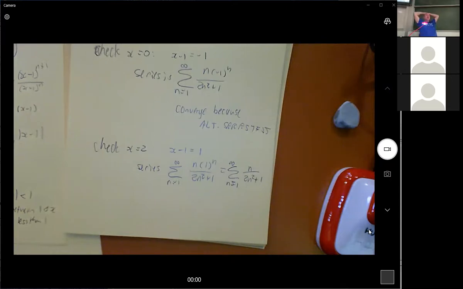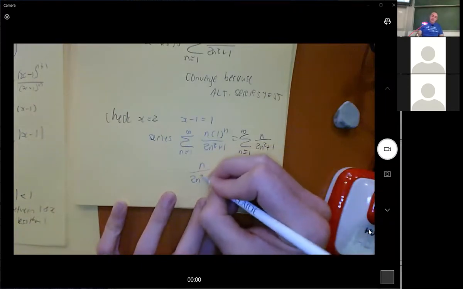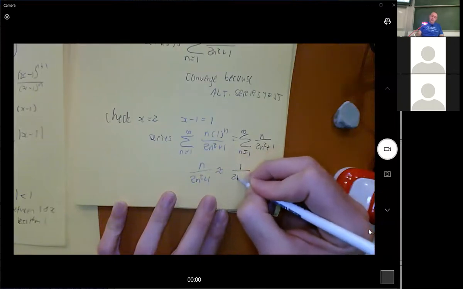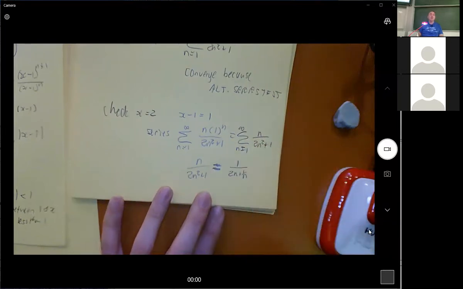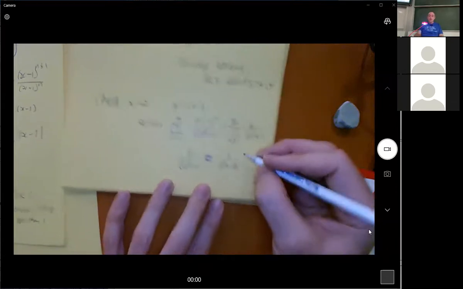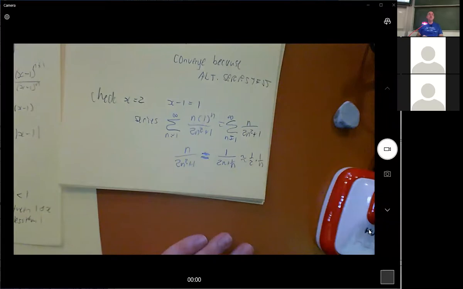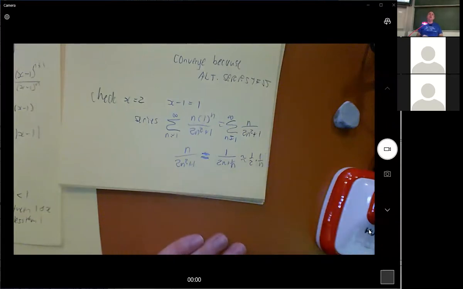But approximately, n over 2n squared plus 1 is approximately 1 over 2n, which is half of 1 over n, when n is large. And 1 over n is the harmonic series, which diverges.